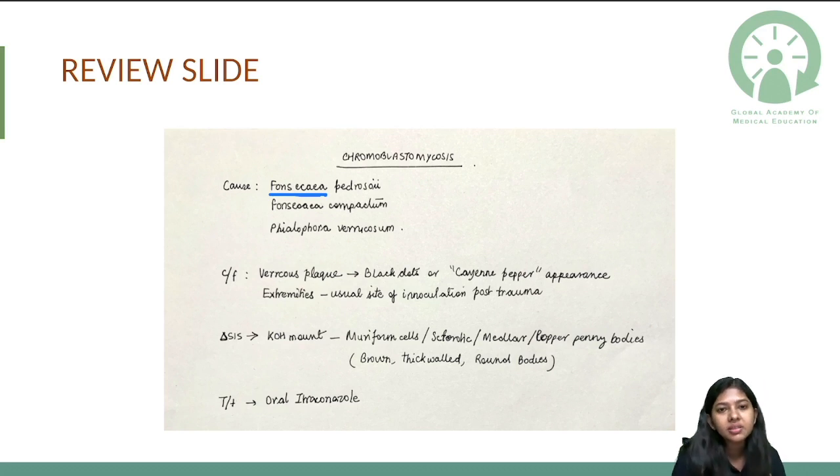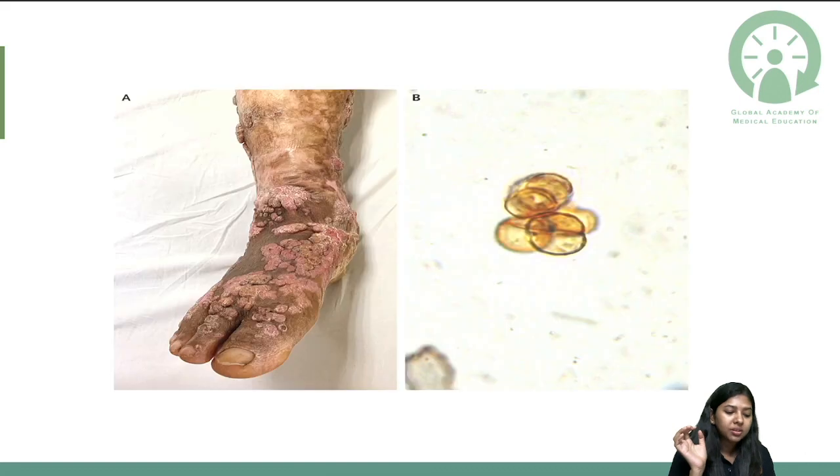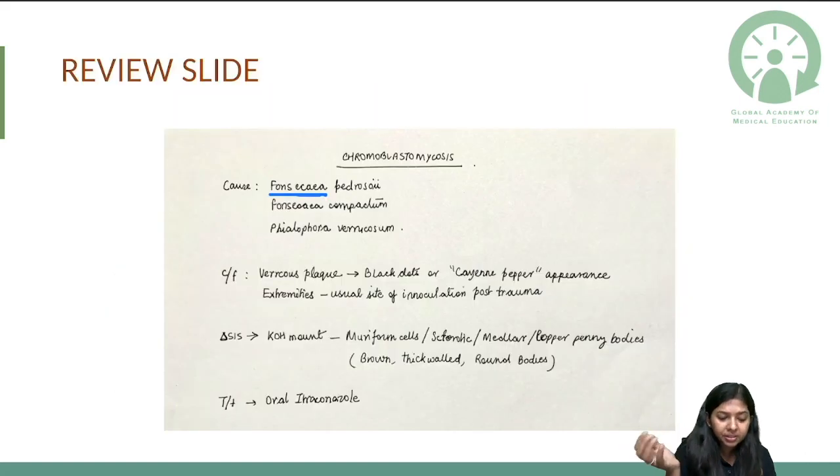Not very important, but still you can remember. You get a verrucous plaque with black dots, giving it a cayenne pepper appearance. Extremities are the most common site because of post-traumatic inoculation. You do a KOH mount, you get these bodies, and you give oral itraconazole for treatment.